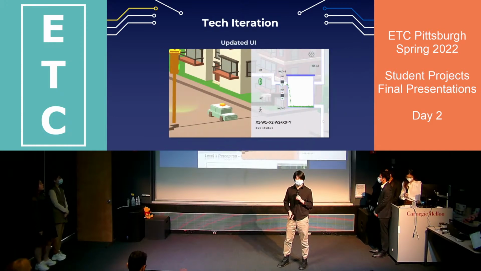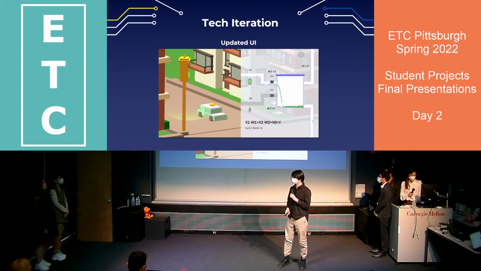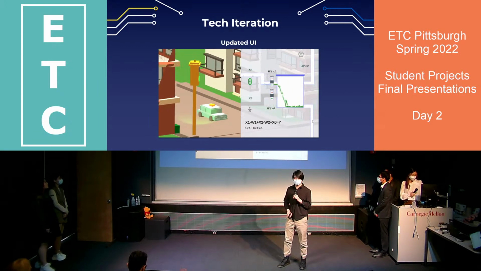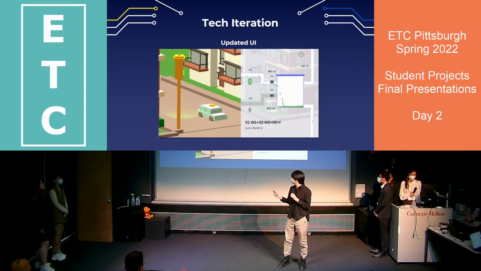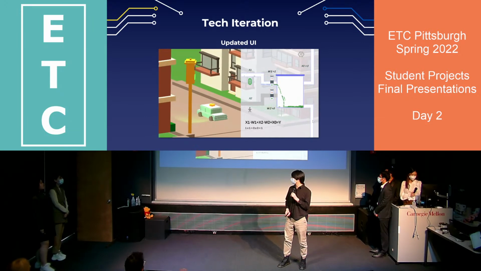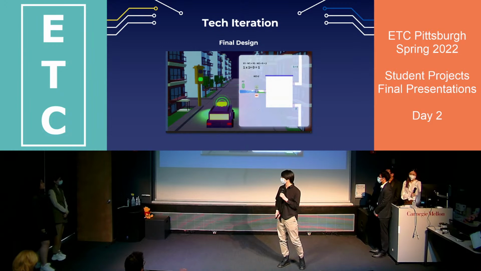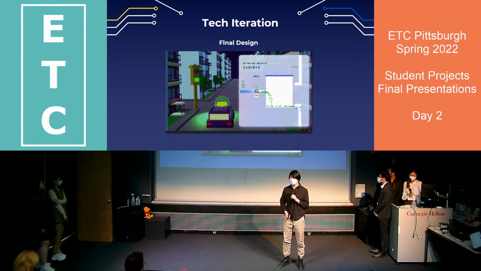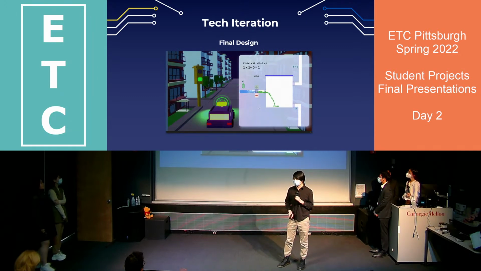So we later changed to these iterations, and we made the monitors full screen, and the canvas on the right is transparent, so they can still see the traffic scene while adjusting the weights. And finally, we changed the camera's view from the side to the back of the self-driving car to make students feel more immersed in it.